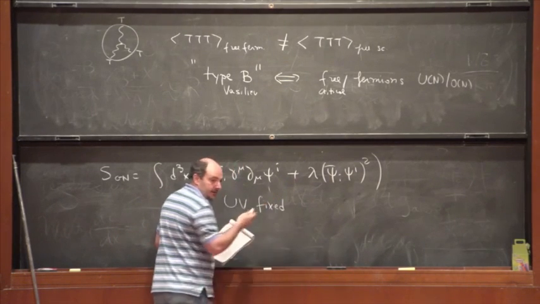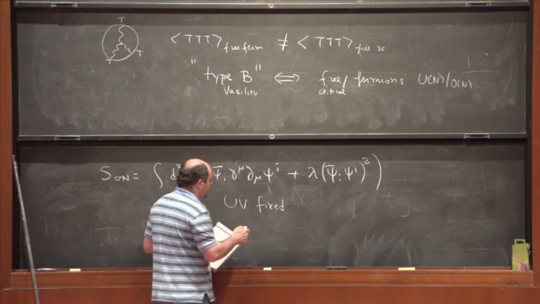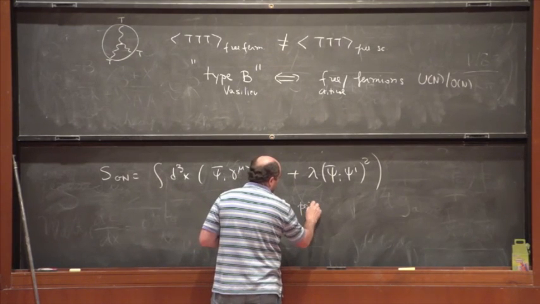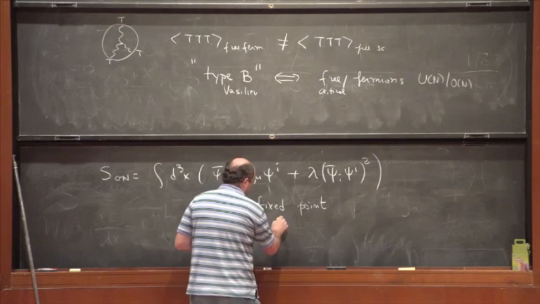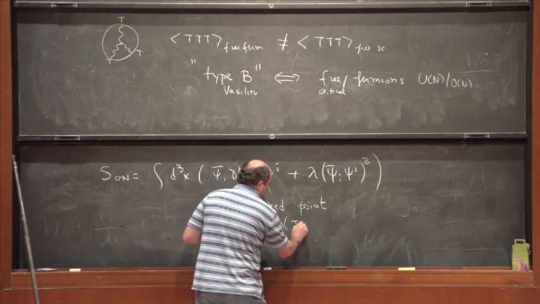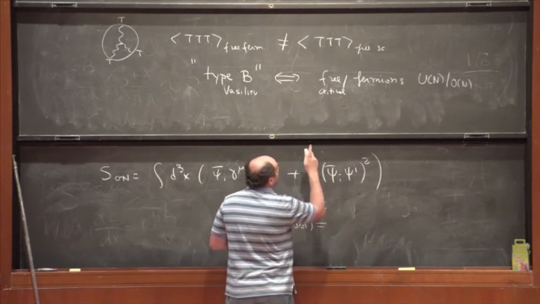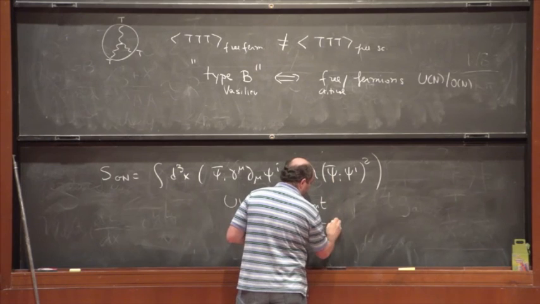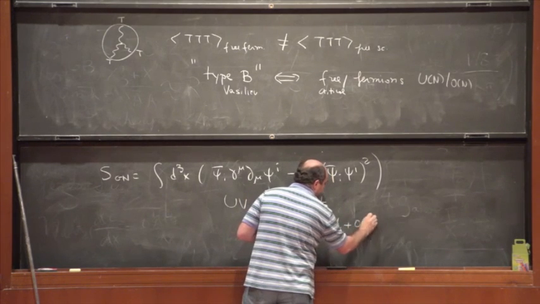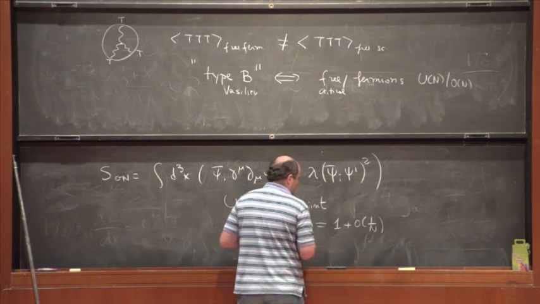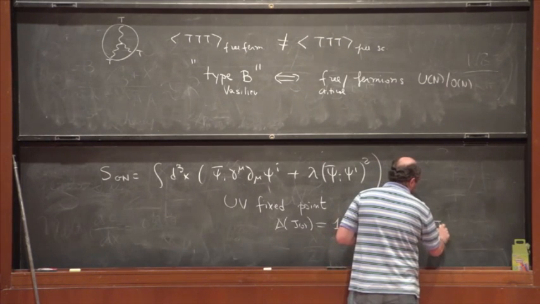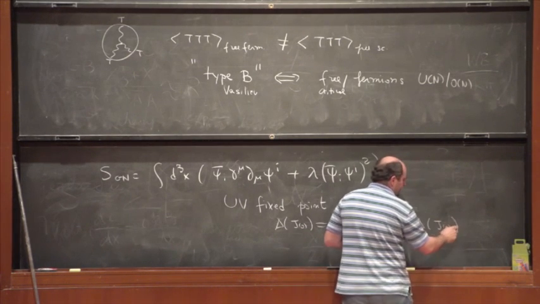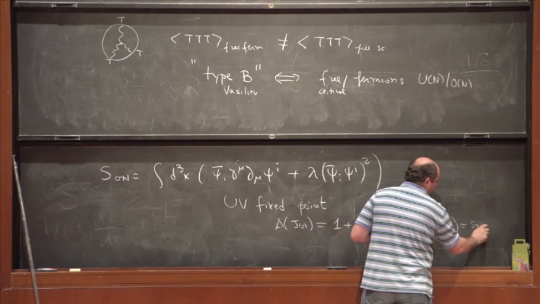It's UV because it's irrelevant, so there is no IR fixed point here. So there is a UV fixed point where the dimension of the scalar operator goes from 2 to 1, and the higher spin currents, as in the case of the Wilson-Fisher fixed point, are still approximately conserved.